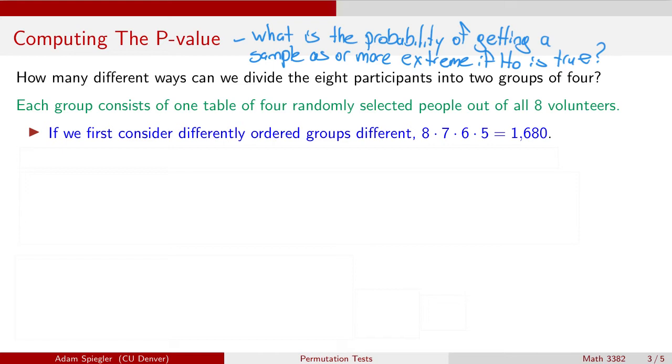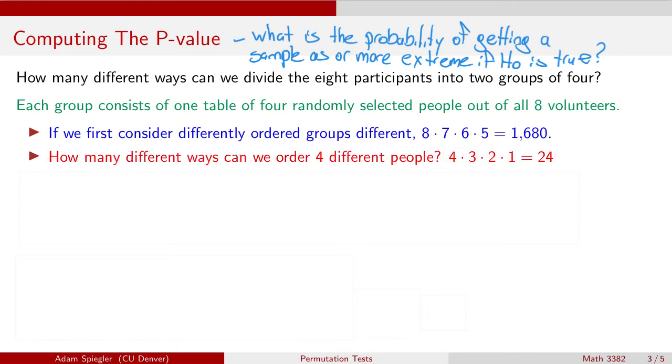But of course, we do want to take into account that we don't care about the ordering that they're sitting at the table. So for each setup of 4 people, how many different ways could we organize those people? Well, first I have a selection of 4 people. The second person I have 3 to choose from, and then 2, and then the very last person would be uniquely determined.